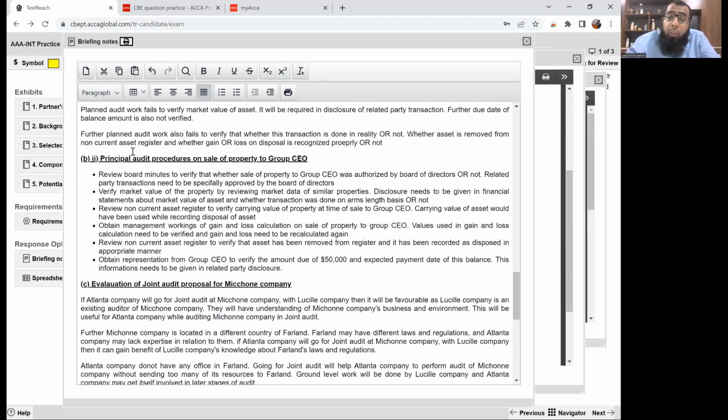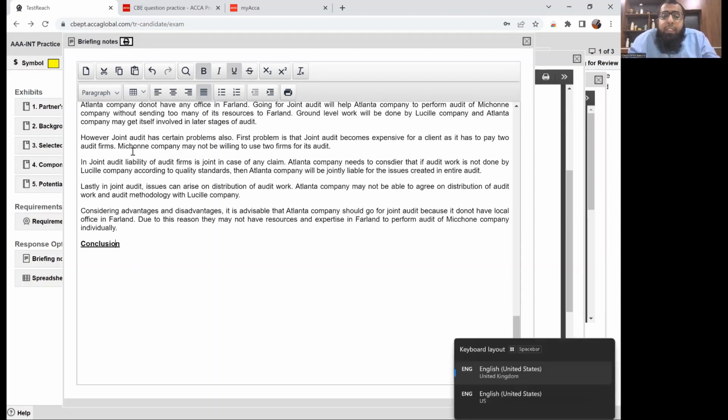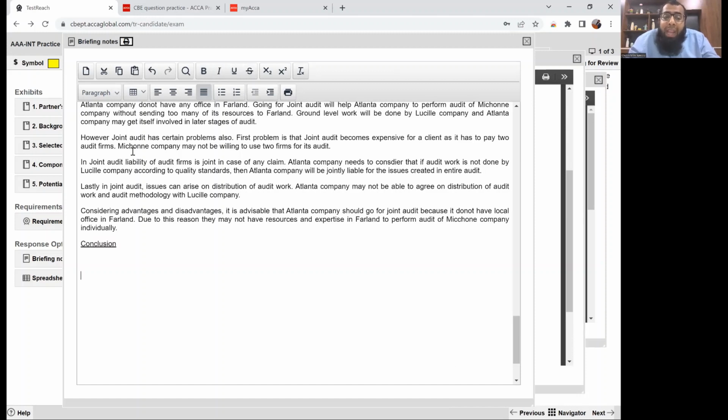And lastly, the joint audit proposal was written. Now, due to professional marks, it is better that you add a conclusion also. I would say that it's not mandatory, but if you add it, then it is better.